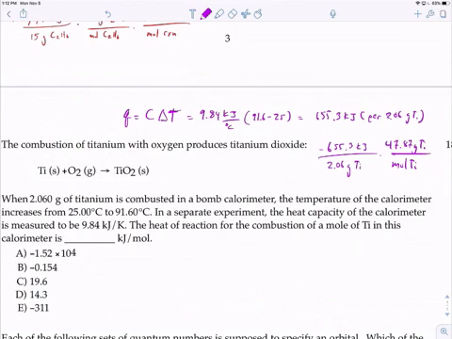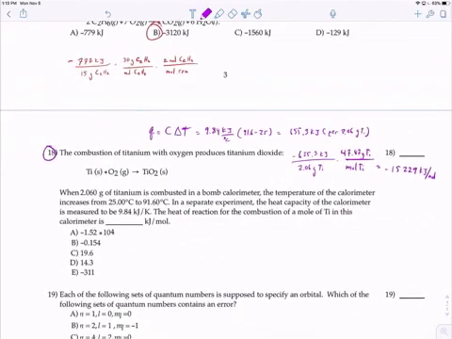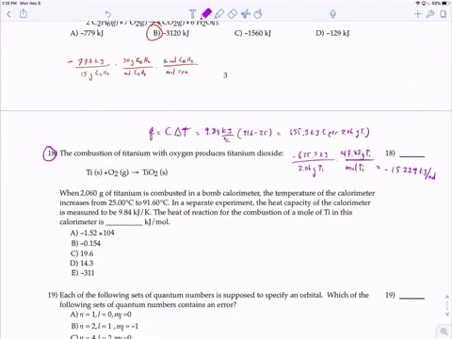So answer divided by 2.06 times 47.87, and that is minus 15229 kilojoules per mole. So it's this one here, times 10 to the 4 kilojoules per mole.